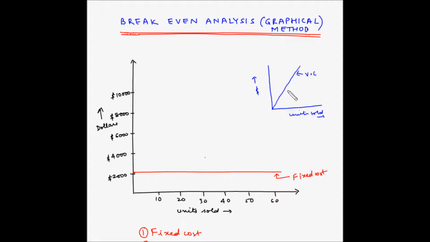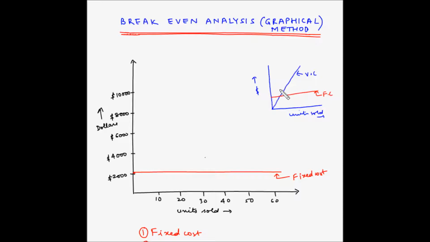The slope of this line will depend on the cost per unit. Now again, on this graph, the fixed cost will be a line like this. So this will represent the fixed cost. Now if we add the two, the variable cost and the fixed cost, then we get the total cost.